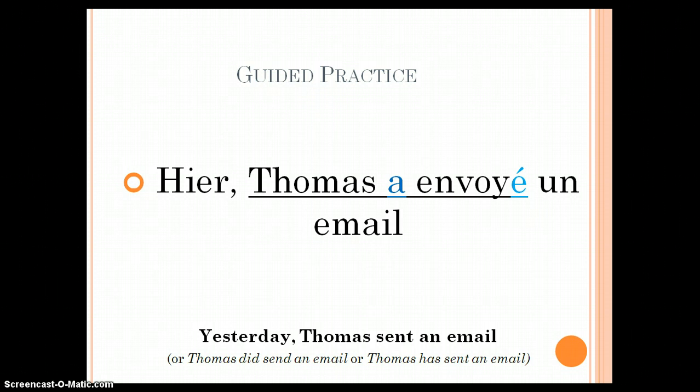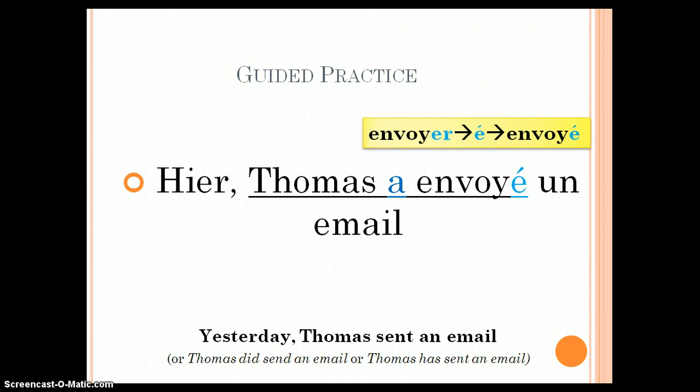Hier, Thomas a envoyé un email. Notice how we have our appropriate form of avoir. Thomas a, so il a, et puis envoyé. Envoyer is an er verb. So er verbs go to é. So envoyer, envoyé.